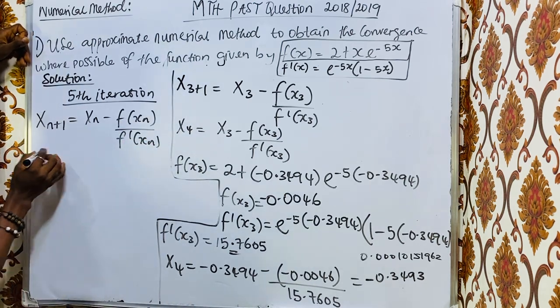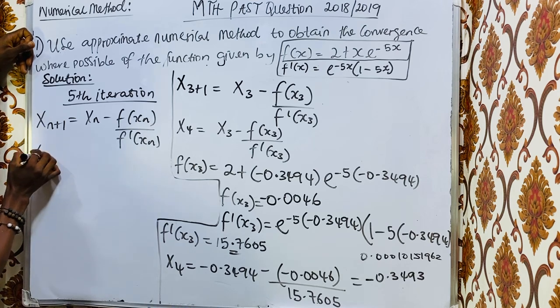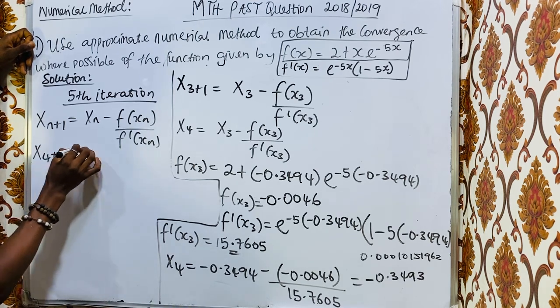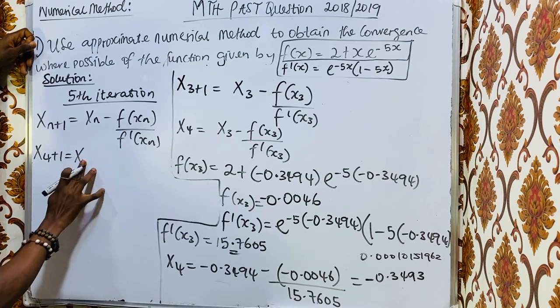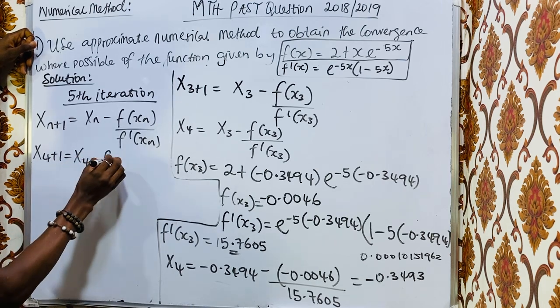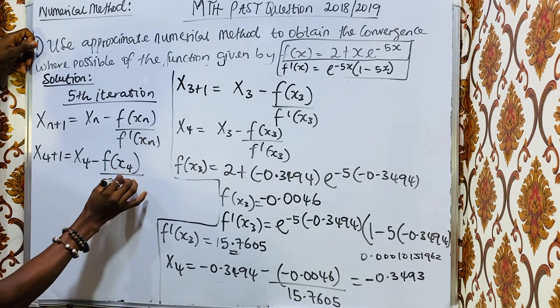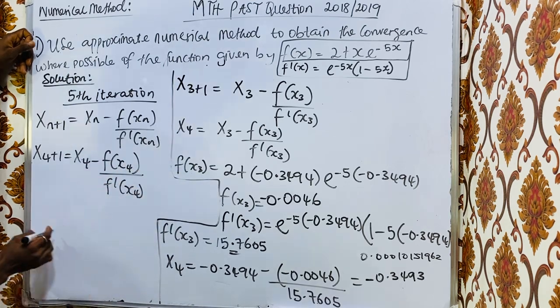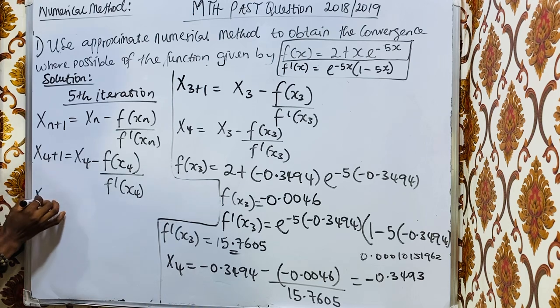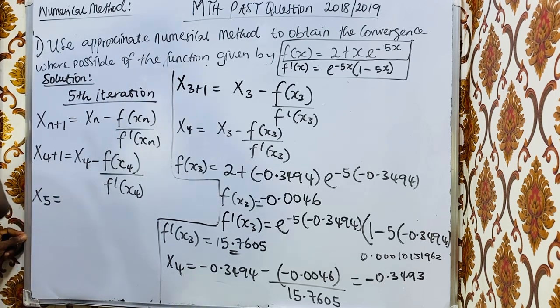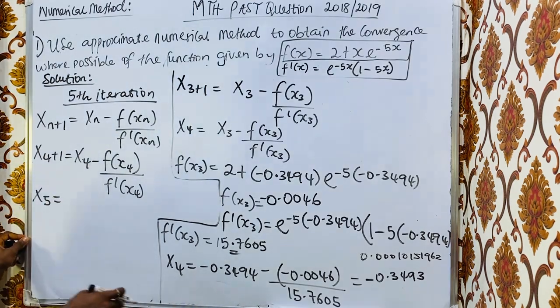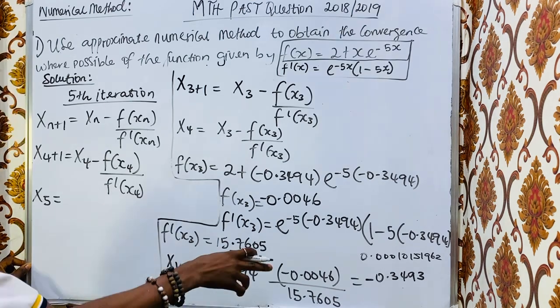So n will now be 4. So x of 4 plus 1 equals x4 minus f of x4, n is 4, right, all over f prime of x4. So we are going to be having x5 equals, x4 is what? What's the value we got there?